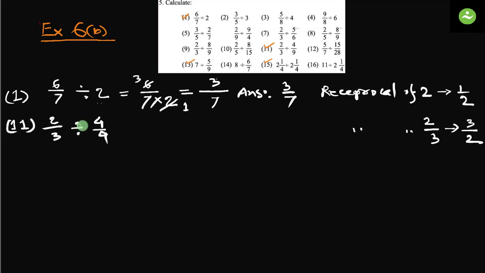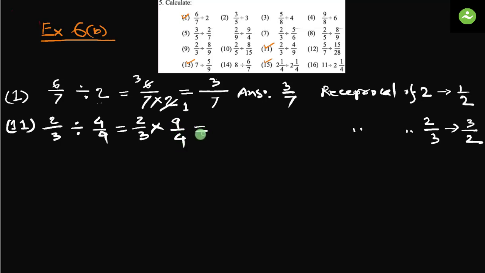We use multiplication, and we use the reciprocal of the fraction. So actually the value of the quantity doesn't change. Equals 2 over 3 into, we change the sign and at the same time we use the reciprocal. So reciprocal of 4 over 9 is 9 over 4.